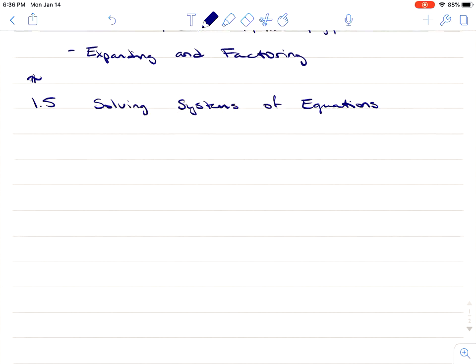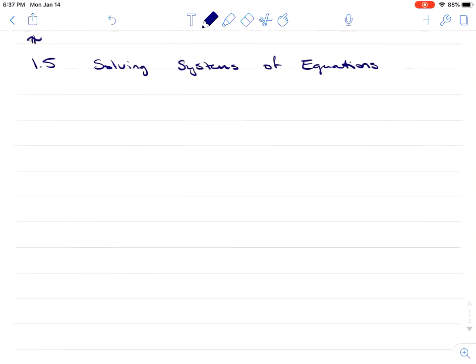Solving equations is basically all we'll be doing in this class. We'll be given some equations and you have to solve them one way or another, and solving a system of equations is the basic way to do that. First, let's look at what a system of equations looks like, and then we'll talk about how to solve it.